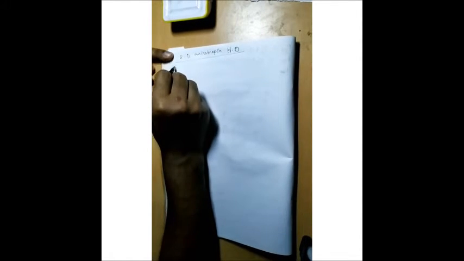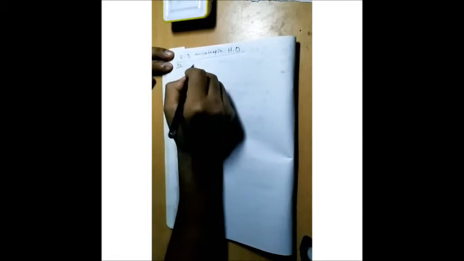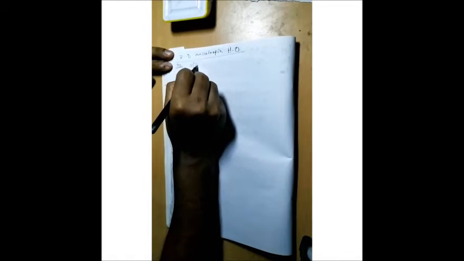Clear? 2D anisotropic harmonic oscillator. Let us take an example here. Suppose the potential V(x,y) is given as half of m omega square, x square plus 4y square, and the range of the potential is minus infinity less than x, y less than plus infinity. So this is a harmonic oscillator in 2D.